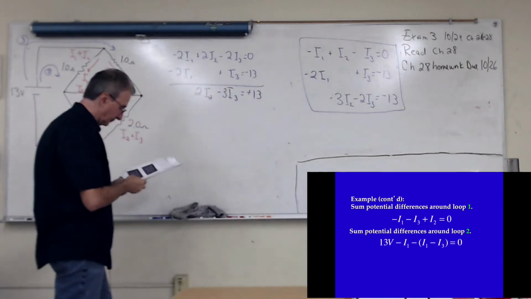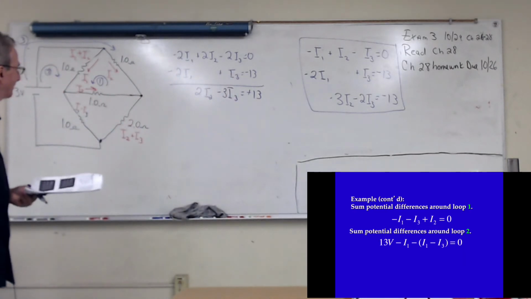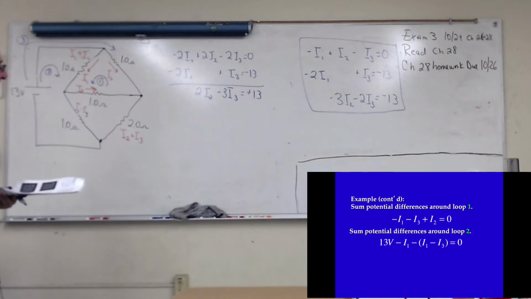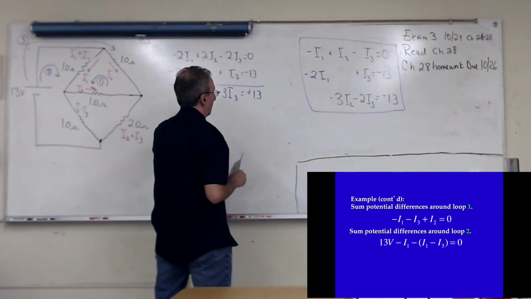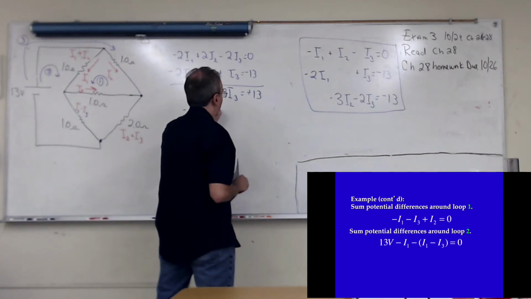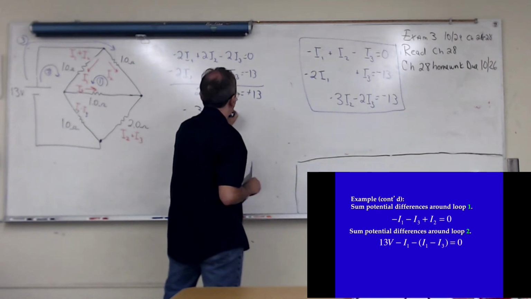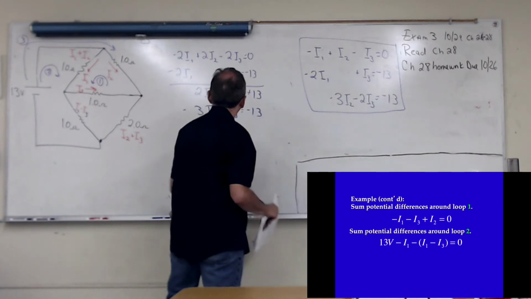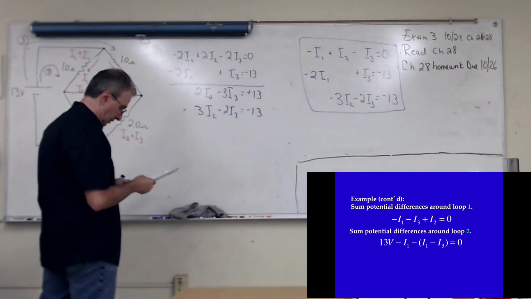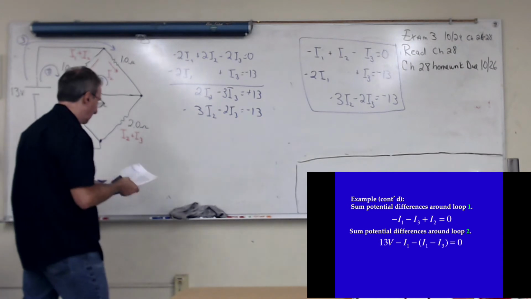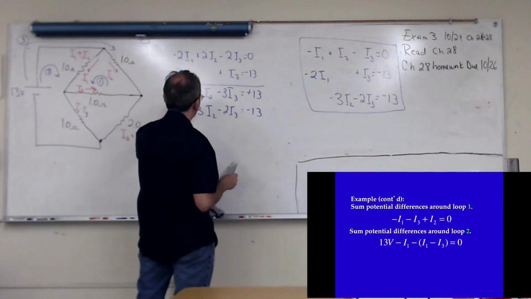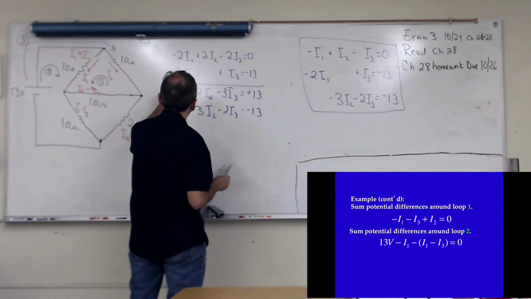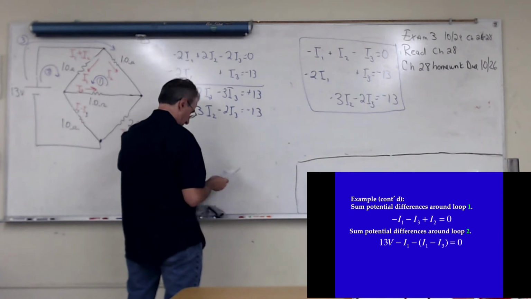It's so easy to make a mistake on these when you get to this point, especially when you're doing it on the board. Okay, so let me write the other equation underneath. So what am I going to do? I'm going to take the top one, multiply it by 2, and the bottom one, multiply it by 3.